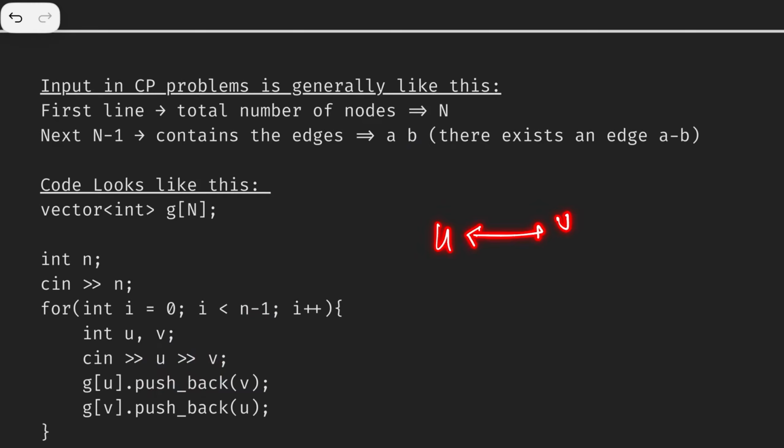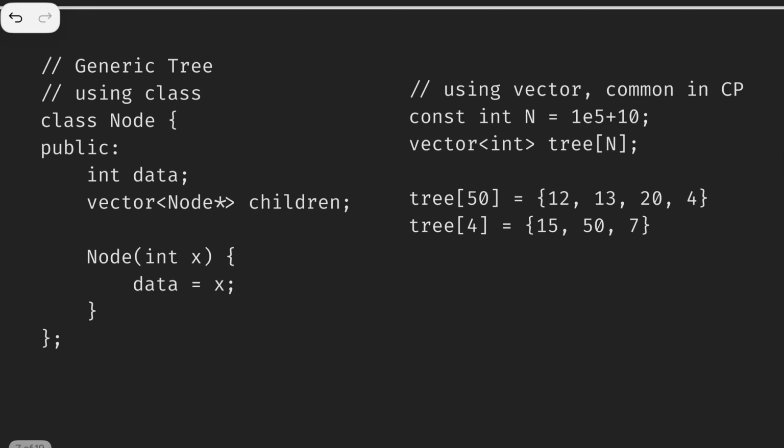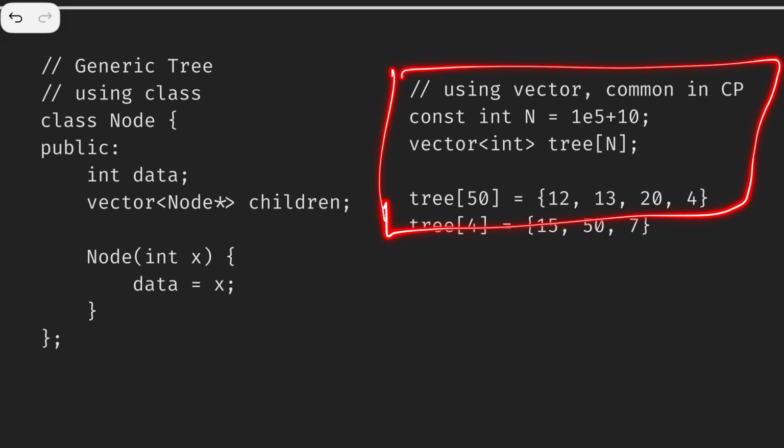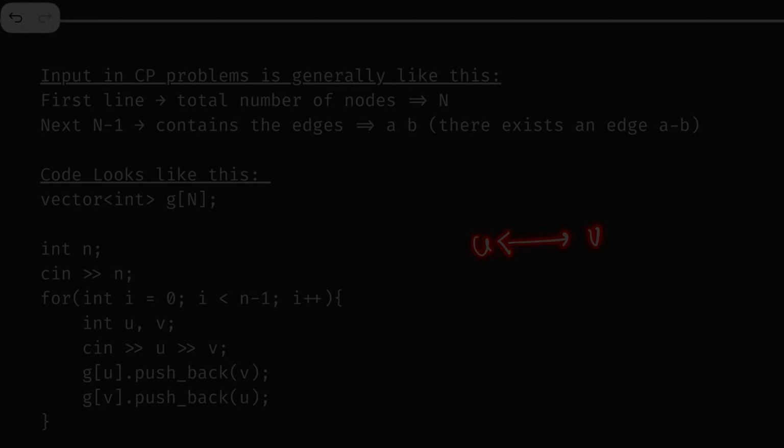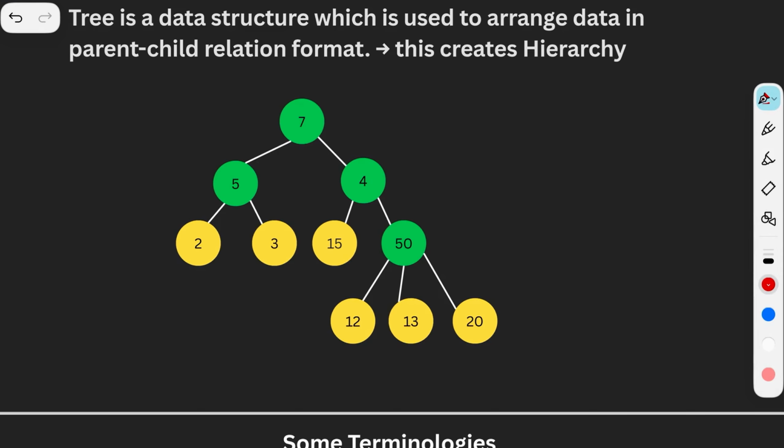Remember, when we store the tree in this format, we store all its adjacents. So when there is an edge between U and V, both of them are going to be adjacent to each other. Let me just show it to you how exactly it will look like. So G of 7 will have 5 and 4. Correct? Then we have G of 5.